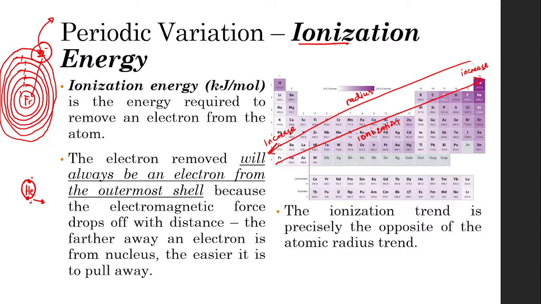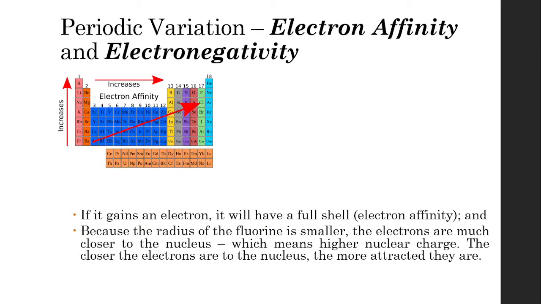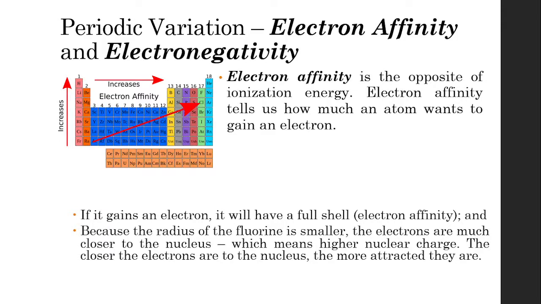Another periodic trend that we are going to discuss is called the electron affinity and electronegativity. Electron affinity is basically the opposite of ionization energy. If ionization energy is how much energy the atom needs in order to remove its electron, electron affinity is telling you how much the atom wants to keep that electron. It has a trend similar to the ionization energy.